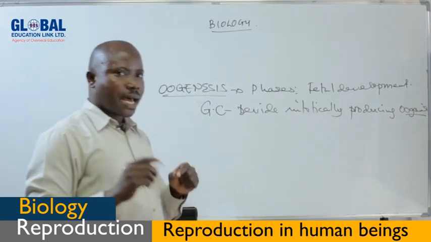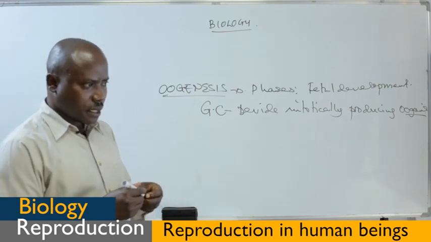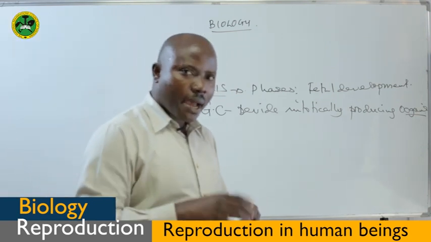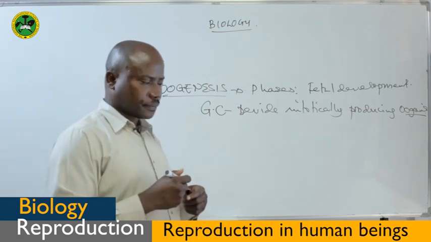The oogonia are diploid cells. Therefore, you have to remember that in a female body, gametogenesis starts during fetal development.